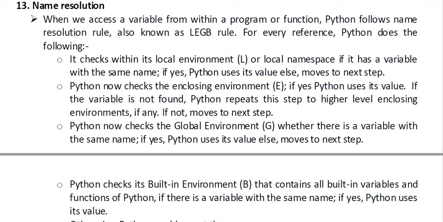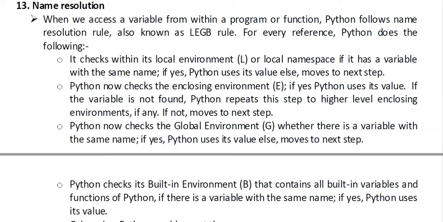The next topic, just connected to scope, is name resolution. Name resolution means how to identify a name. When we access a variable within a program or function, Python follows a name resolution rule that is called the LEGB rule.